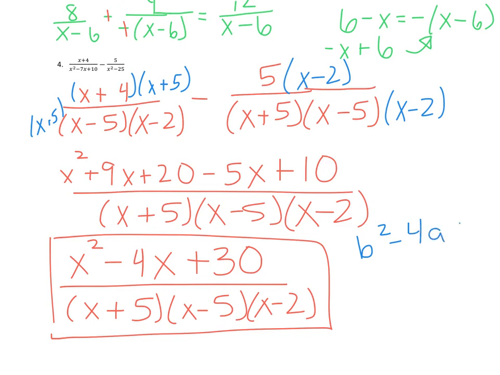If it's a positive perfect square, you can factor it. Or if it's 0, you can factor it. So let's see, is -4 squared minus 4 times 1 times 30 a positive perfect square? No way. It's less than 0, so it's prime. We can't factor it. So that's how we know it's our final answer.